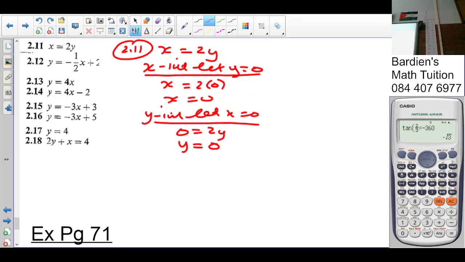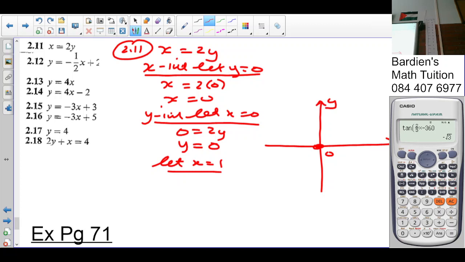But people, as I told you before, we need another point on this graph. So what did I tell you? We let x equal 1. If x is equal to 1, 1 is equal to 2y. Divide by 2 both sides. Therefore, y is equal to a half. Make sense, people?